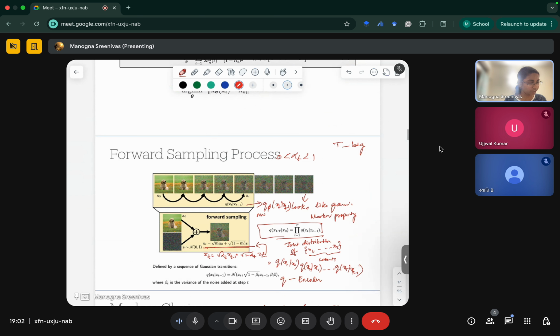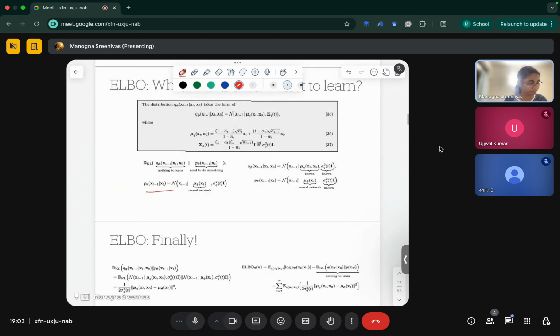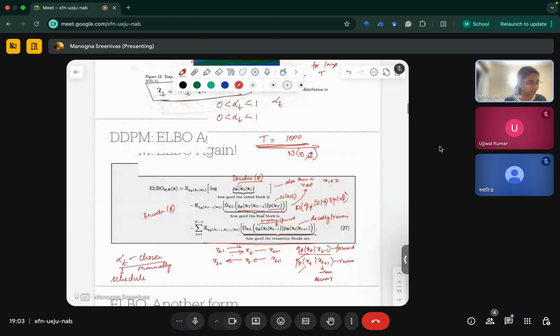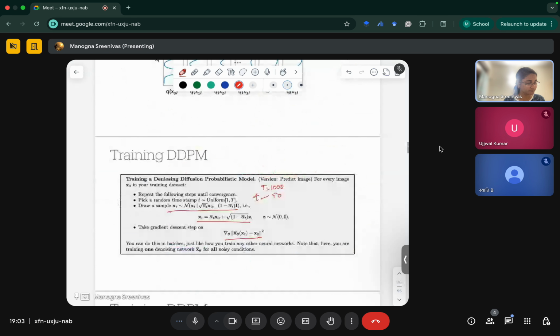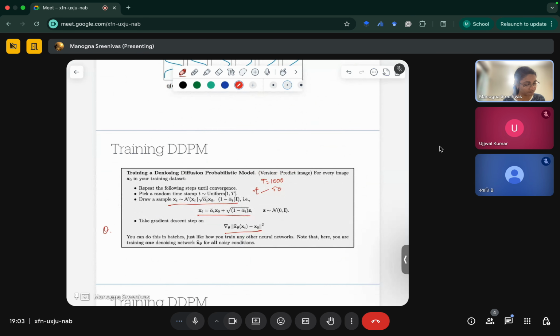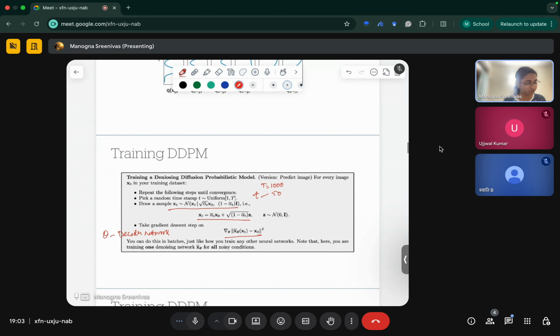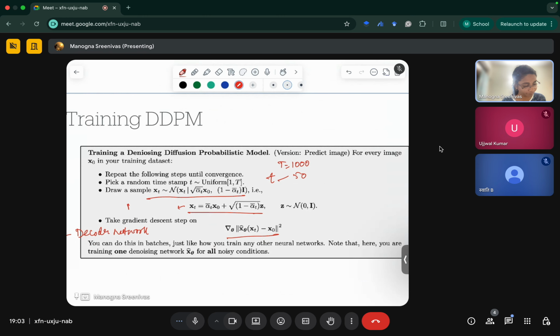Phi is the encoder, right? Theta is the decoder, the parameters of the decoder network. So this xt is a noisy image, right? Now I pass the noisy image through the decoder theta and predict what the denoised version should be.